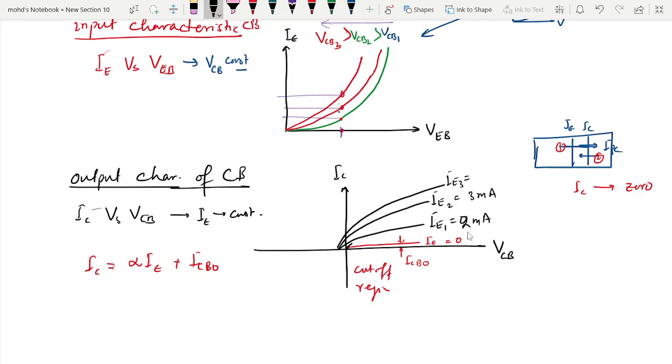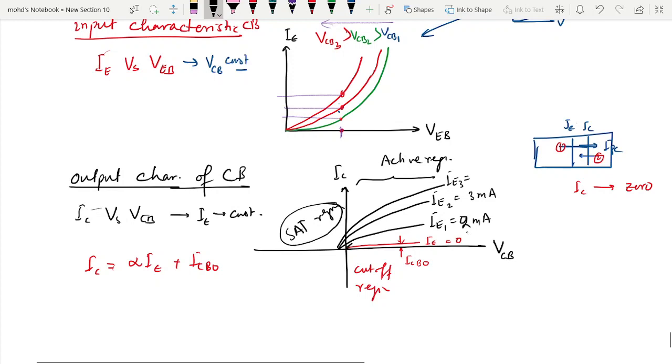This region of the graph is called the active region, and this region of the graph is called the saturation region. The region of the graph where IC increases with VCB, as VCB increases, IC increases, is called the saturation region.